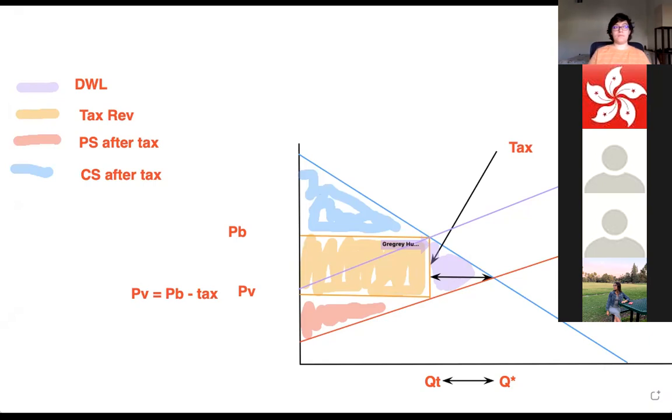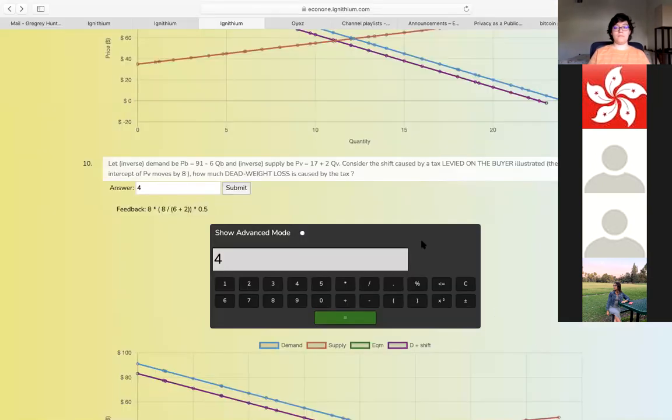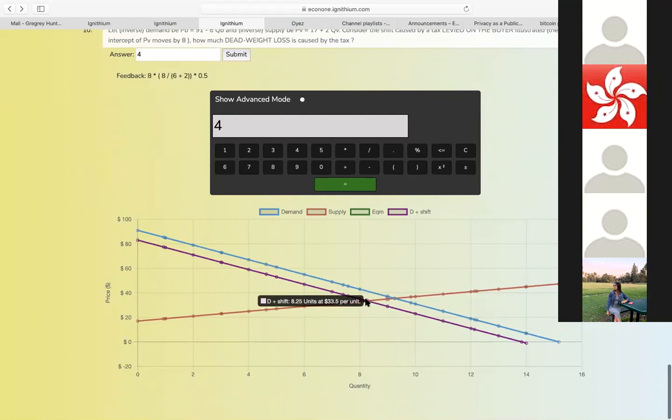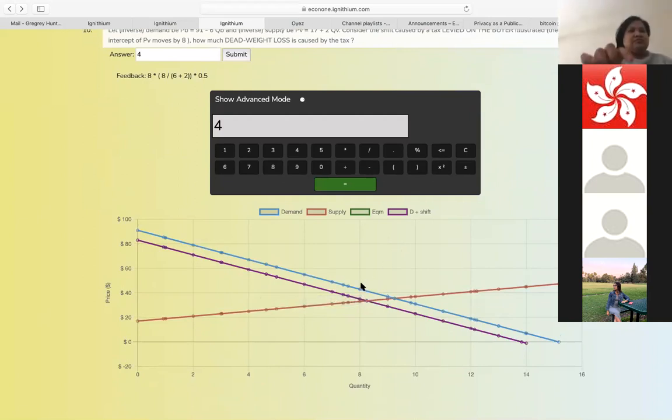And then go to the Ignithium problem and look at it carefully. You could even print it out and put it right next to it and say, okay, where are the areas that we're talking about? Are they triangles or rectangles, and where would I get all the distances? You're just pulling information off of the Ignithium graph, and then using your formulas for areas of triangles and rectangles and things like that.